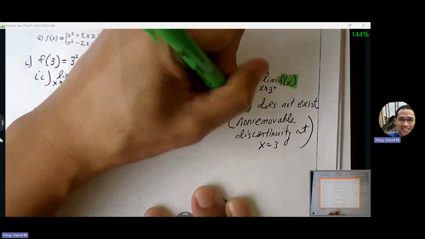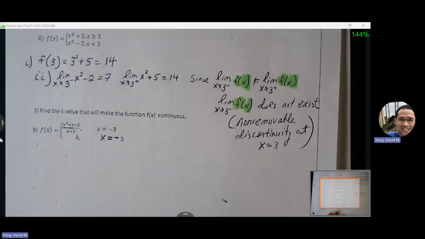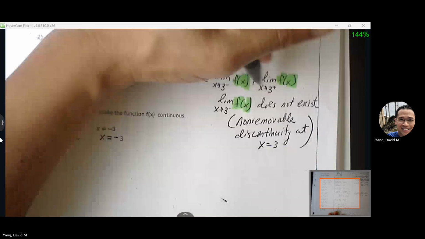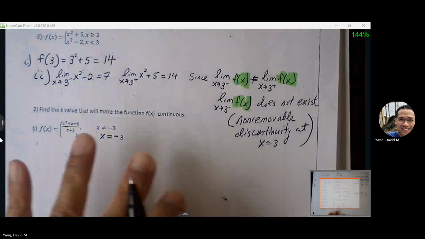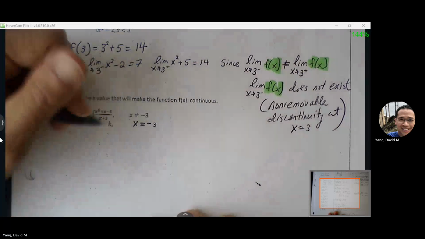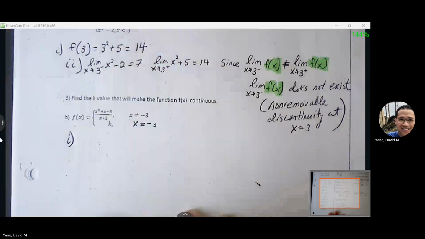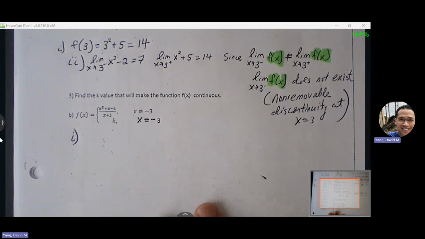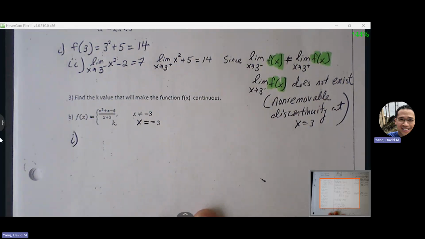A lot of students want to leave these out. Part B, you're also using continuity conditions, but you're using it as an equation solving tool to eventually solve for K. So for number 3, it's just a framework to help you set up so that you can eventually solve for K.